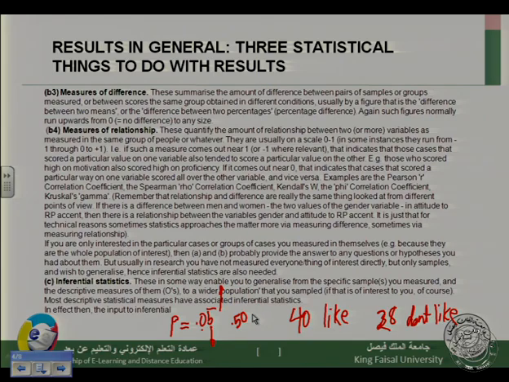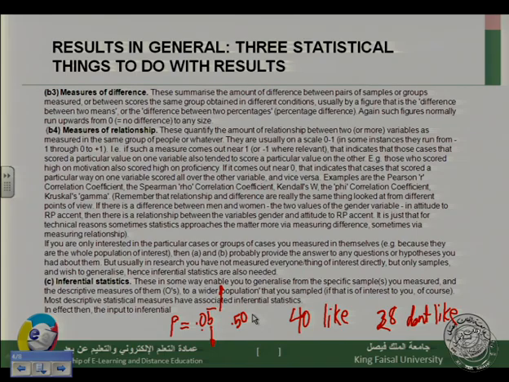So these quantify the amount of relationship between two or more variables as measured in the same group of people or whatever. They are usually on a scale from 0 to 1. So if you get something like 1, that means there is what is called positive correlation or positive relationship between your two variables.